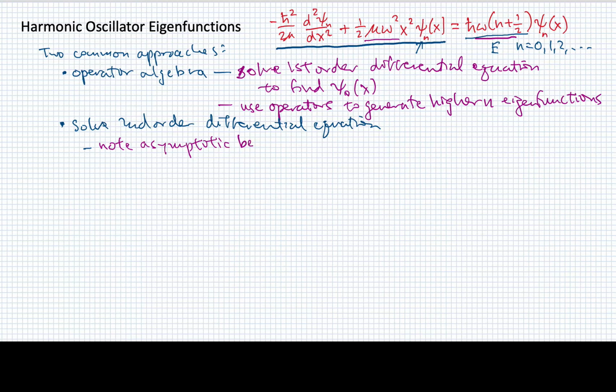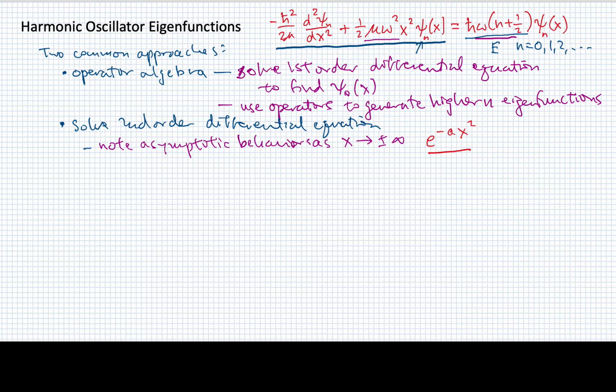So the asymptotic behavior basically says that you can look at how the wave functions must behave as x goes to infinity. And I'll say x goes to plus or minus infinity because it's going to be the same in either direction. And what one finds in this case is that the asymptotic behavior of these wave functions is that they go as e to the minus a times x squared. So they go as a square exponential or a Gaussian type function in those limits.